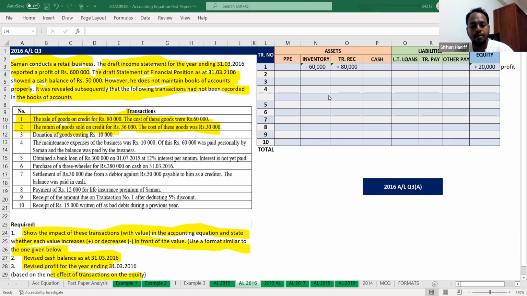Sales return means that is the reversal of sales. So inventory will increase by 30,000 because we are getting 30,000 worth of goods, and the trade receivable will reduce by 36,000, and the profit also will reduce by 6,000.